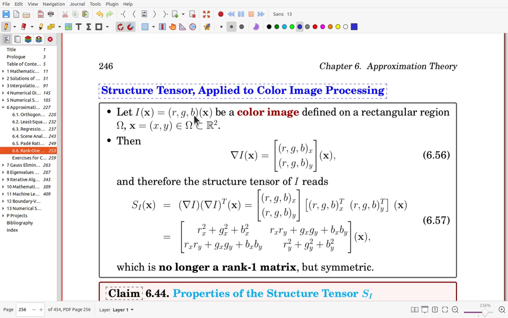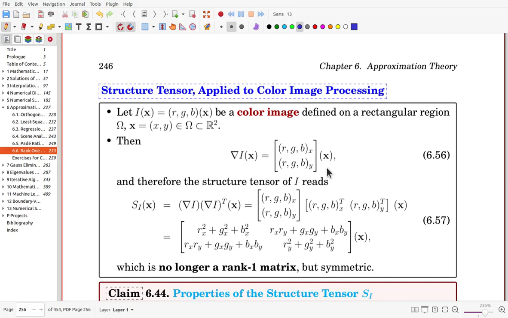So if you take the gradient, now there is an x derivative and a y derivative for RGB, because these three functions are defined on two-dimensional space, so the independent variables are two.